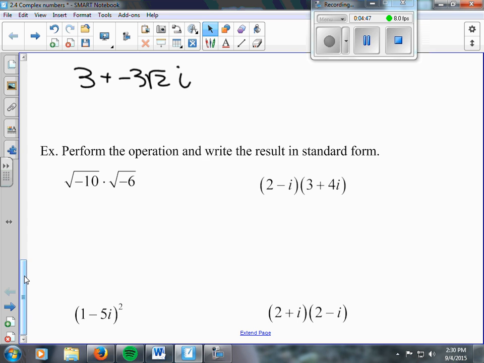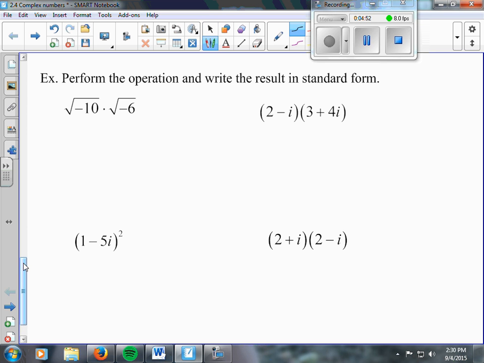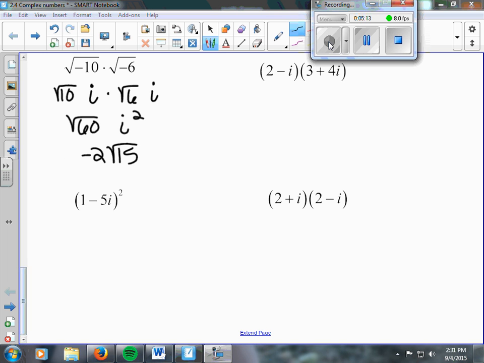Here we have some products that we're going to do. Again, I want you to start out by doing the square root of negative 1 is i. Do that first. So this is radical 10 i times radical 6 i. That's radical 60 i squared. i squared is negative 1, and the square root of 60 reduces to 2 radical 15, and then I've made my i squared a negative 1.